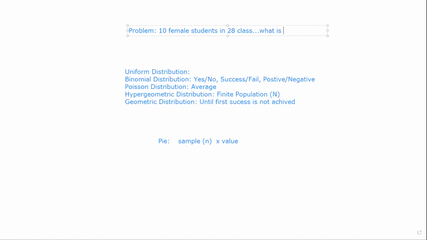What is the probability that in a sample of 8 students from the class, exactly 2 will be female? Is it making sense?